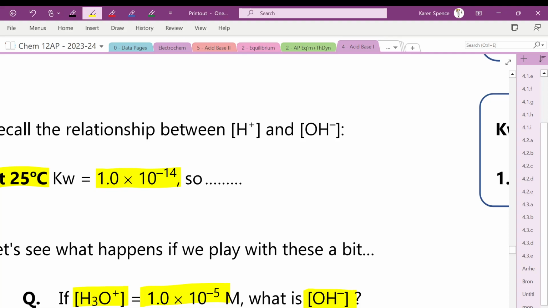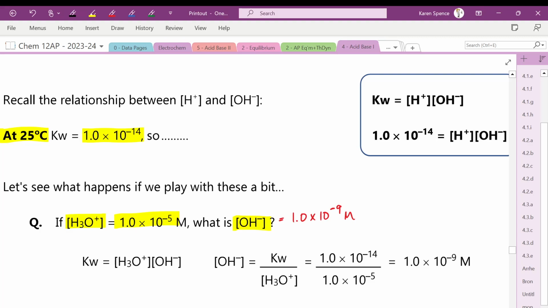Hydroxide would be 1.0 times 10 to the negative 9 molar, because Kw is 1 times 10 to the negative 14, and negative 5 plus negative 9 is negative 14. Yay!